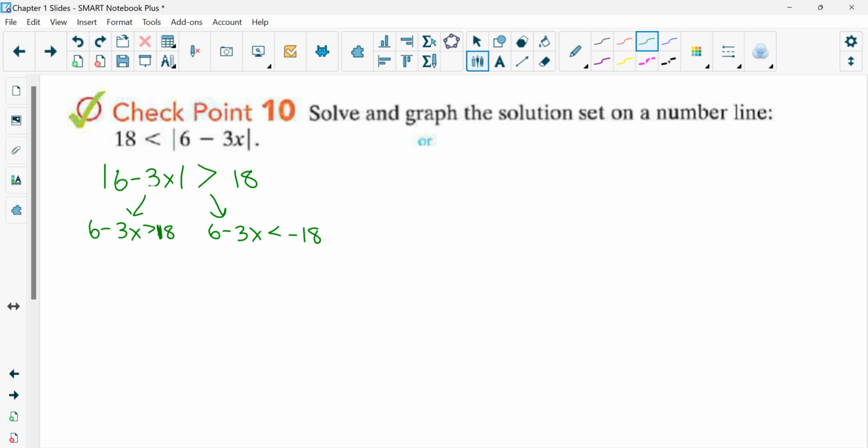As we go to solve these then, -6, -6. So -3x is greater than 12. And when we divide by -3, we are dividing by a negative here, so we are flipping our sign. So x is less than -4.